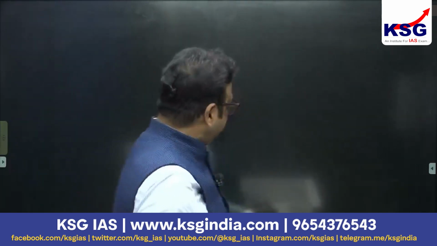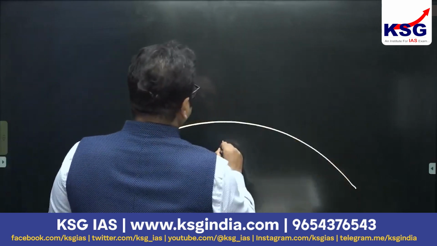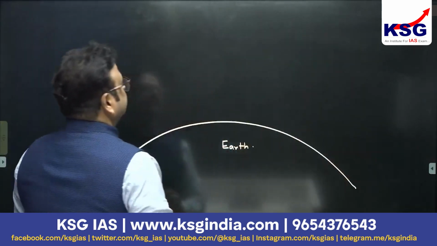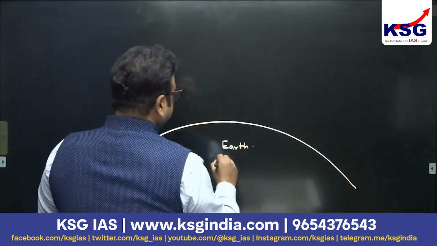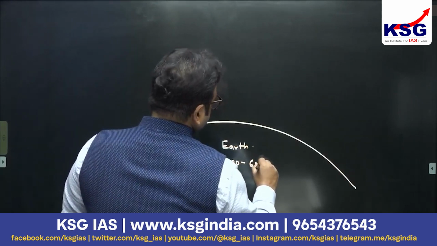Let me give you the idea through images. Suppose this is the Earth's surface, and the Earth is at a very high initial temperature, say 5000 to 6000 degrees centigrade.